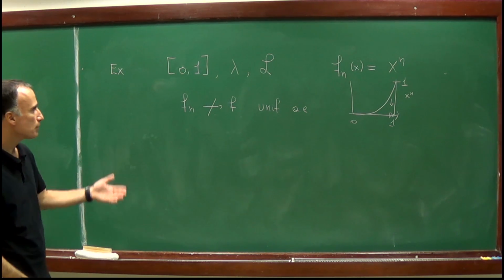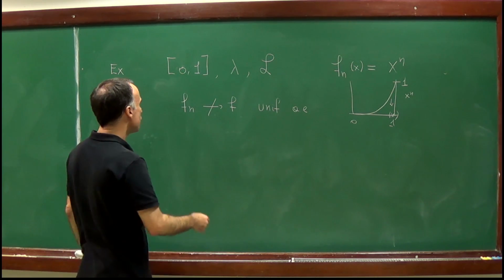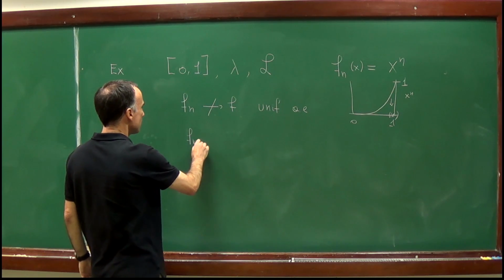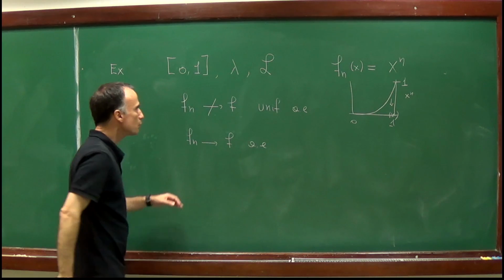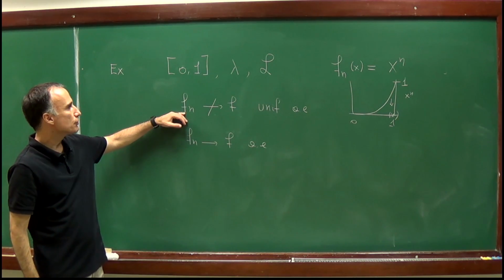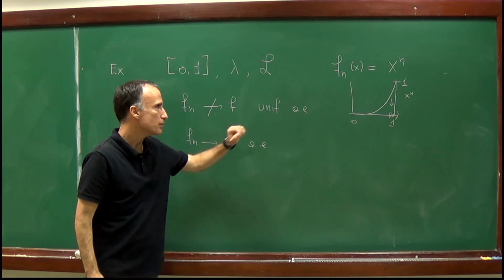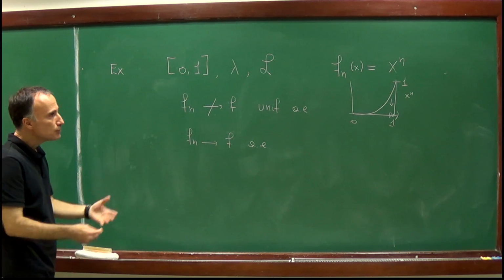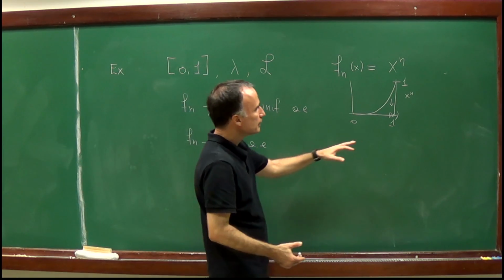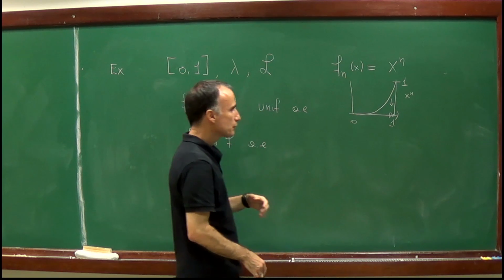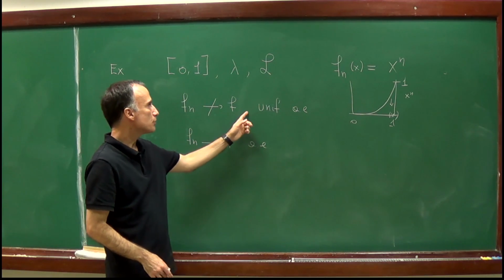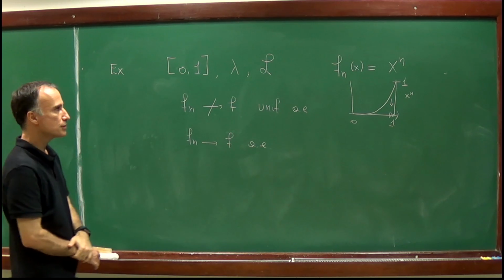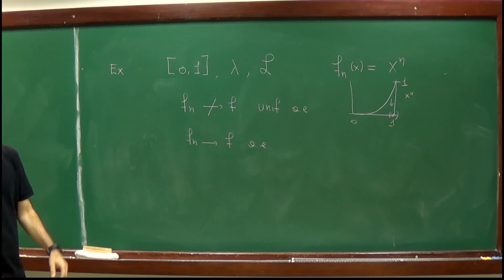So this is an example of a sequence of functions which converge almost everywhere, but which do not converge uniformly almost everywhere. And it's in view of this example that we will introduce the third concept of convergence, which I will now define.